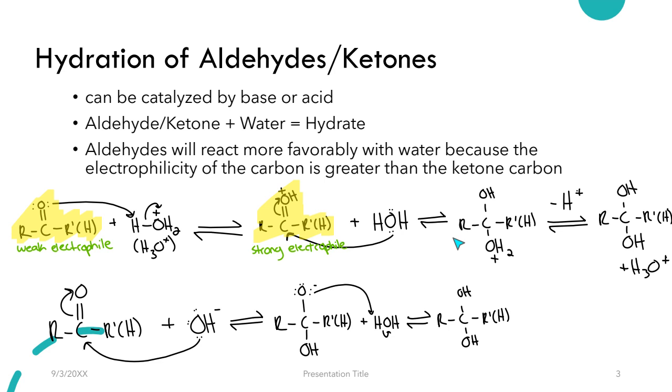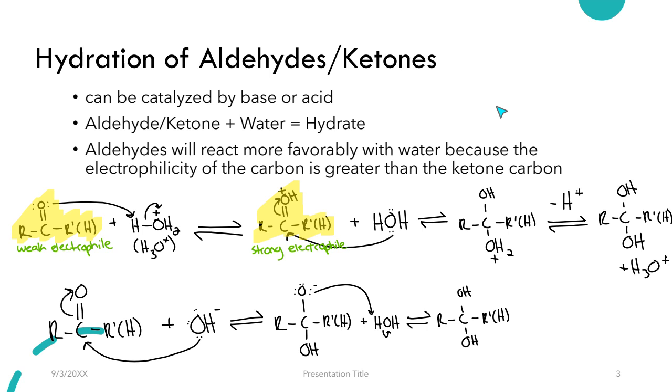So the first reaction we went over is hydration of aldehydes and ketones. We can catalyze this with either a base or an acid, but basically in the mechanism, you have an aldehyde or a ketone, you hydrate it with water, and you end up with a hydrate, which has two OH groups. Aldehydes will react more favorably because the electrophilicity of the carbon is greater.